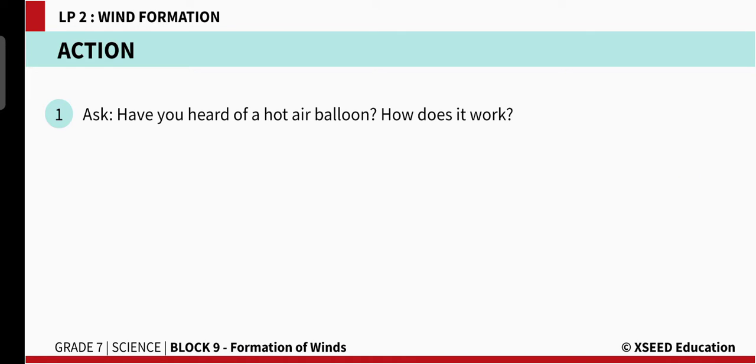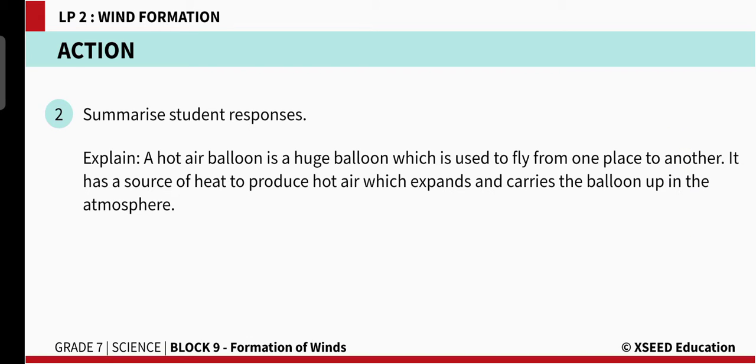So students, have you heard about a hot air balloon? Do you know how it works? A hot air balloon is a huge balloon which is used to fly from one place to another.